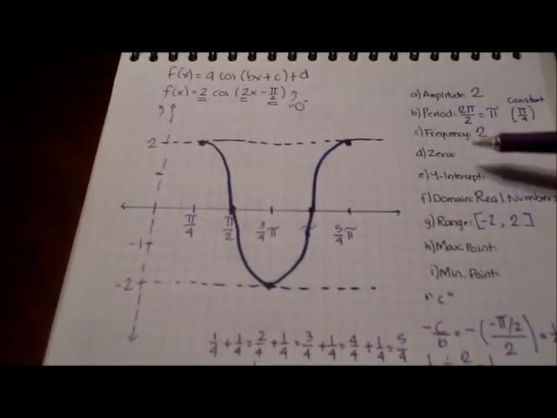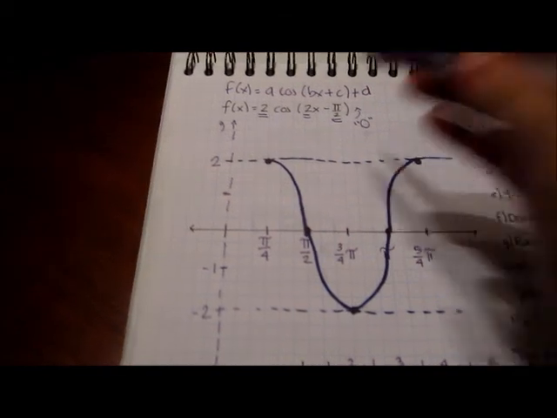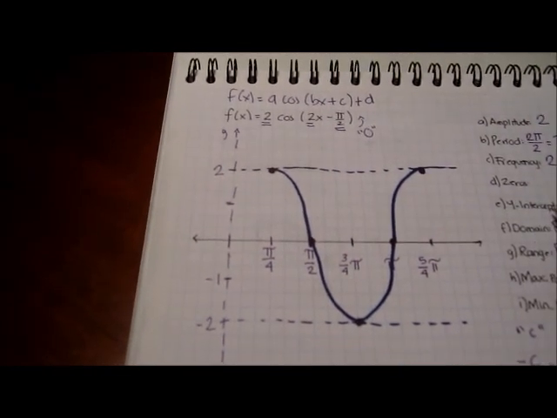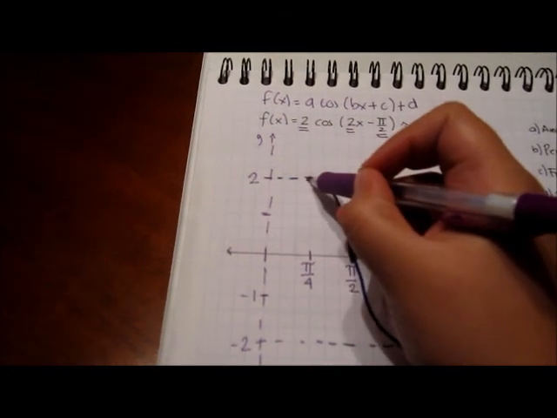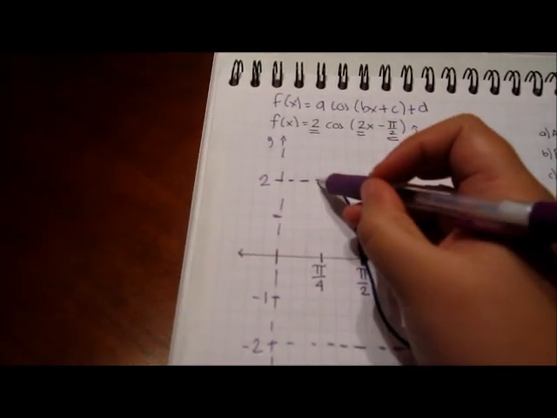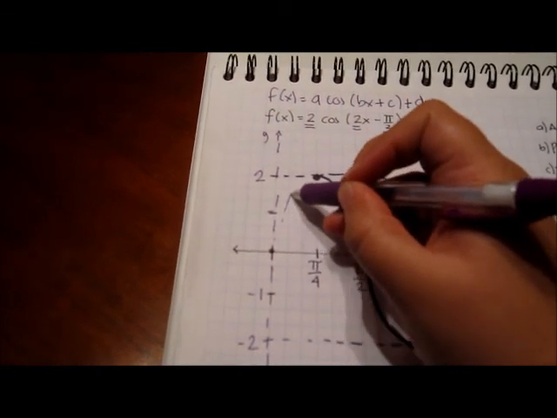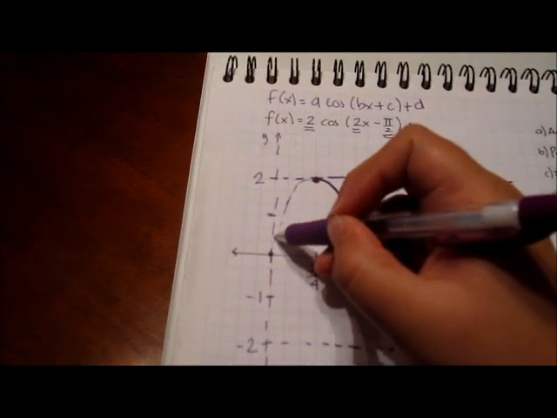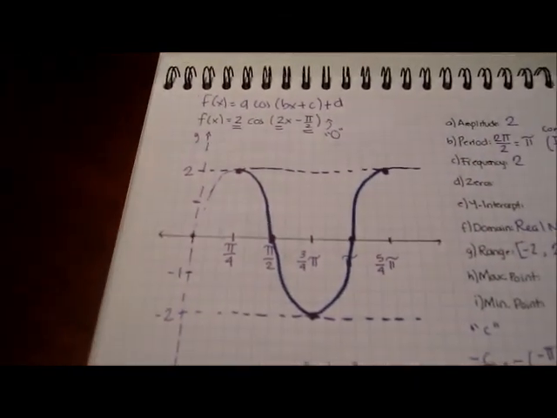And I can fill all the information here. But in order to get the y-intercept, I need to start another cycle. Since I keep the same distance, I know that the next point is going to be this one. And then I just continue the graph. And now I'm able to fill all the information.